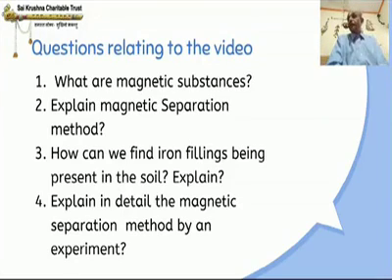You have to explain how iron filings are present in the soil by an experiment, right, which I explained to you. Then fourth question, explain in detail the magnetic separation method by an experiment.